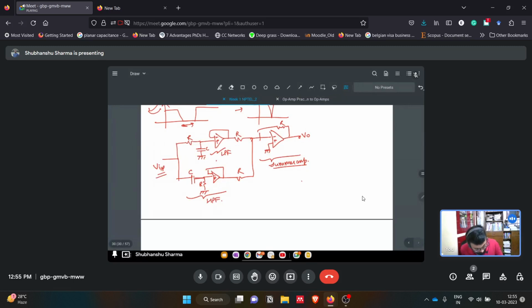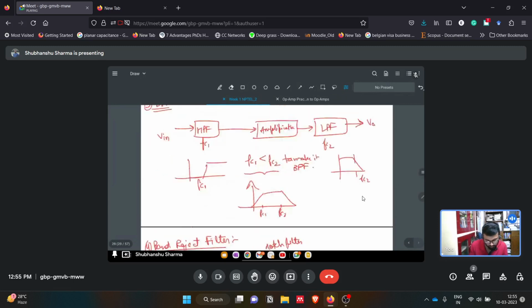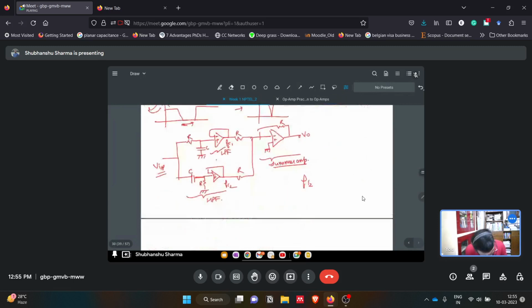So in this case, let's say this is FC1, this is FC2. Earlier for band pass filter, we saw FC2 should be greater than FC1. In this case, FC2 should be less than FC1.